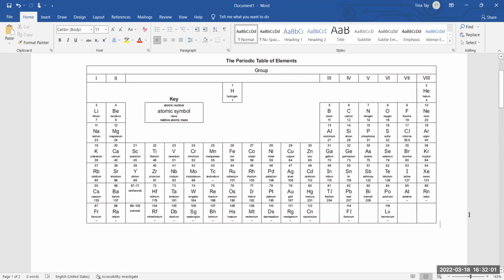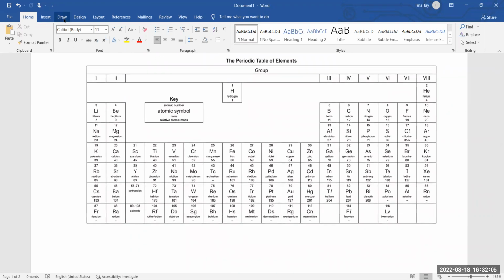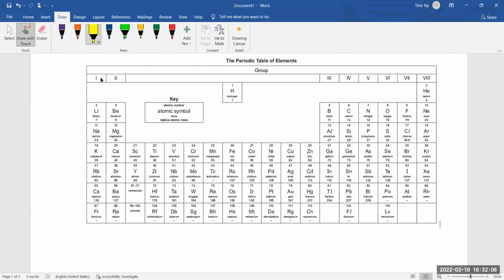for your IGs, similar to your Form 4 that you're going to learn this year, you only learn about Group 1, Group 7, Group 8, and transition metals.